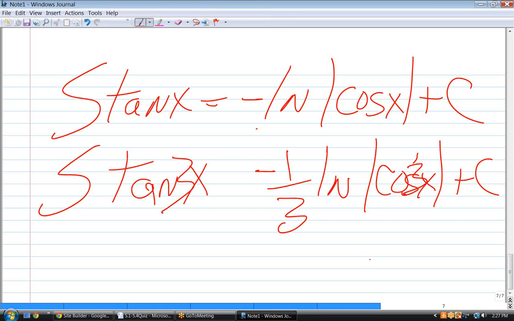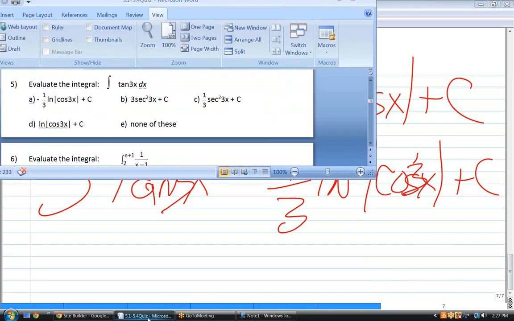And that's going to get me back to sine of 3x over cosine of 3x, which is tangent of 3x. Okay, that makes sense. I understand now. That was my original issue. I remember solving this one, and I got the negative ln cosine of x plus c, but I didn't know what to do with the 3.